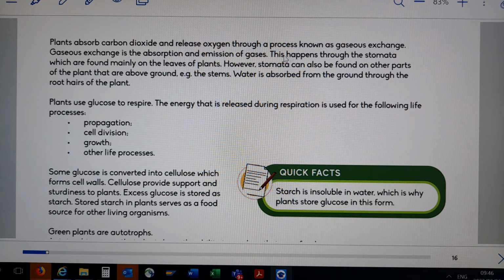This happens through the stomata, which are found mainly on the leaves of the plant. So gaseous exchange happens in the stomata that are found on the leaves of the plant. So on the leaves of the plant, we have chlorophyll and we have stomata. Chlorophyll is for the conversion of energy from light energy to chemical energy and the formation of starch.